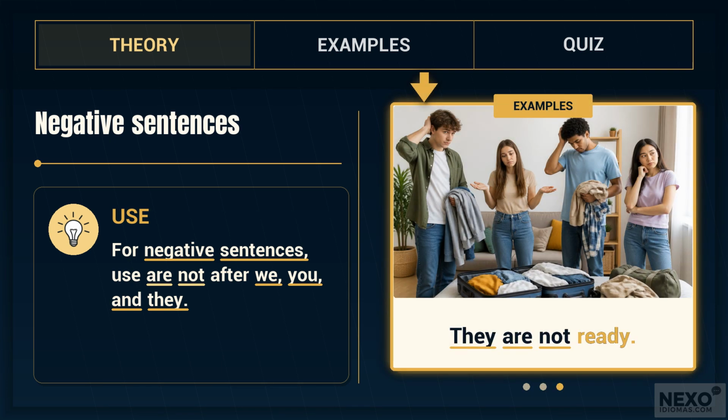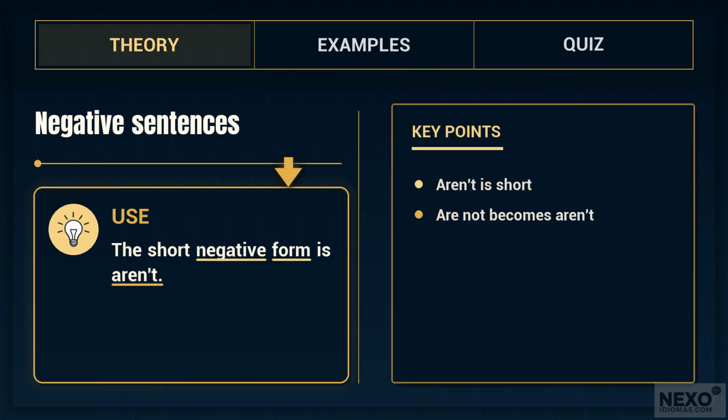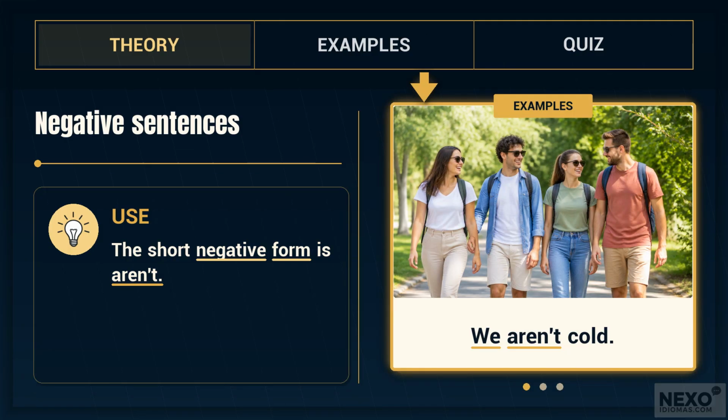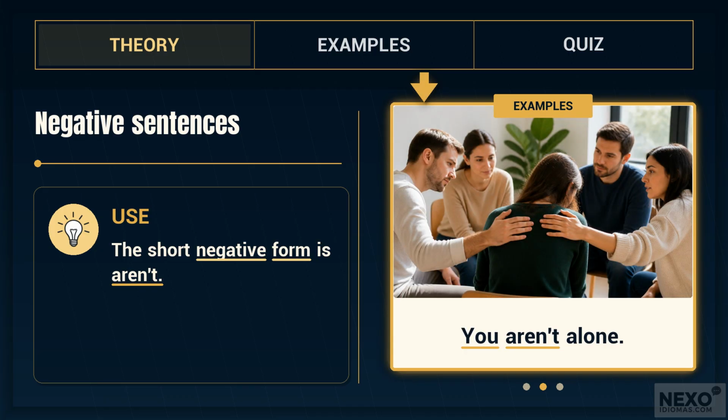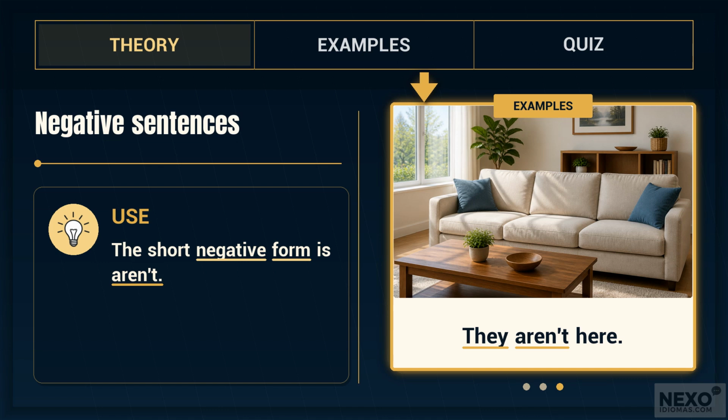They are not ready. The short negative form is aren't. Example. We aren't cold. Example. You aren't alone. Example. They aren't here.